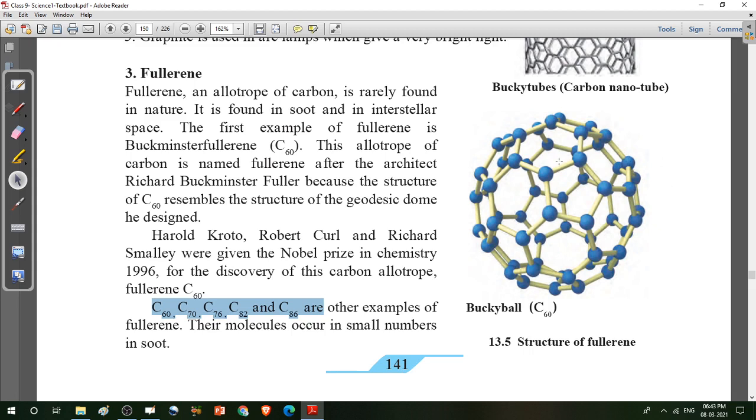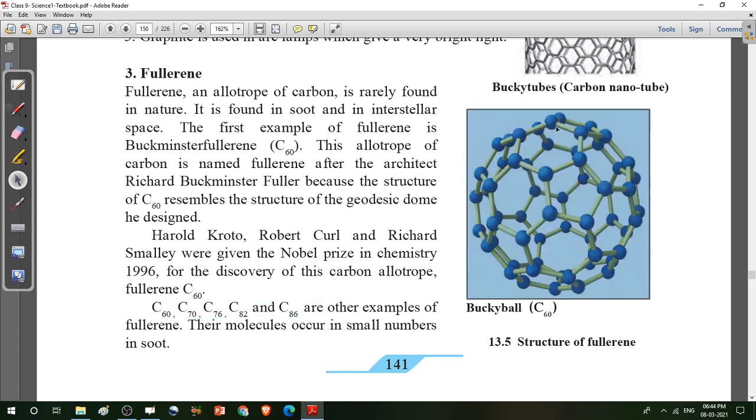There are patches with 5 corners, just like here: 1, 2, 3, 4, 5, and patches with 6 corners: 1, 2, 3, 4, 5, 6. So 6 corners and 5 corners.